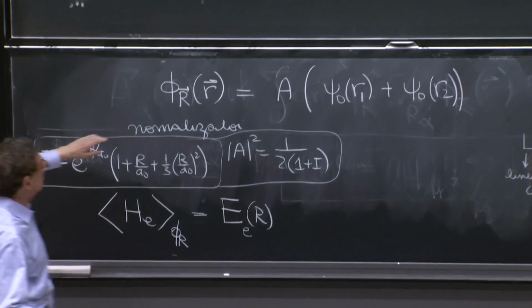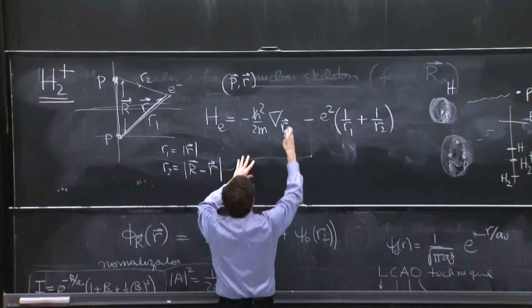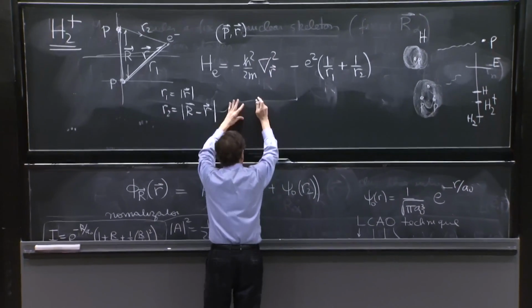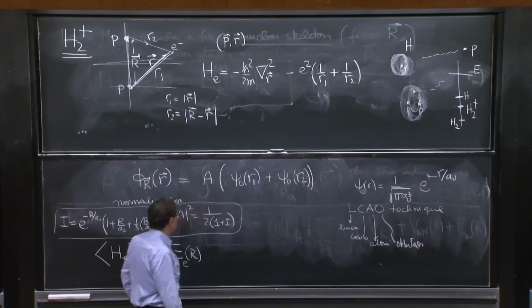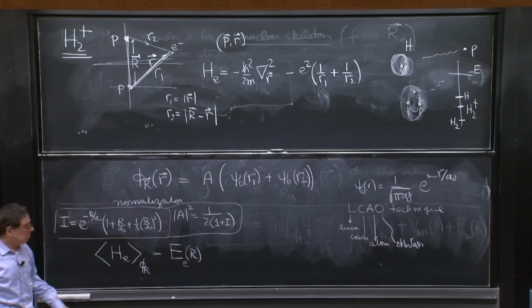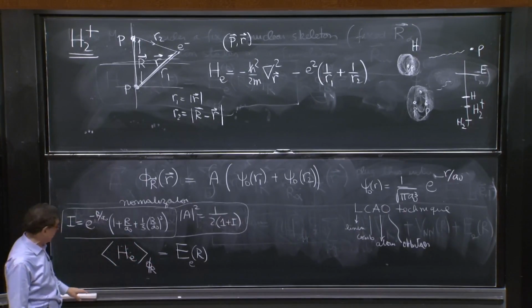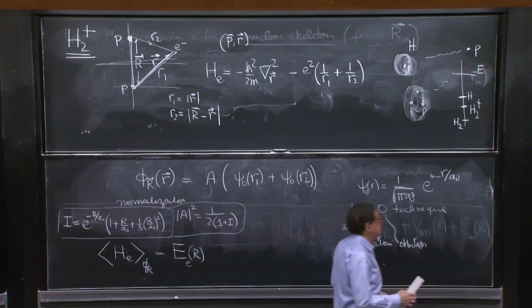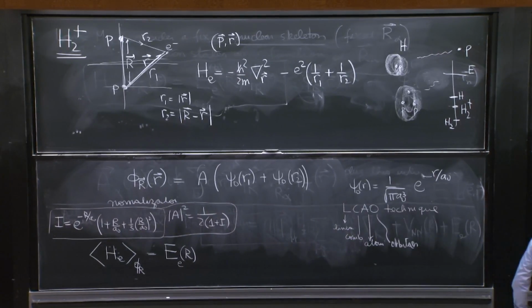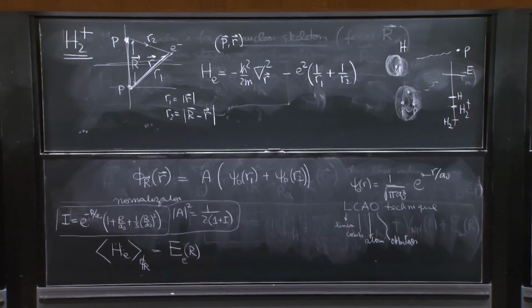I'm sorry, that Hamiltonian there should have a square here. And now we evaluate this. We have to do even more integrals and get what is the potential energy contributed by the electronic cloud.